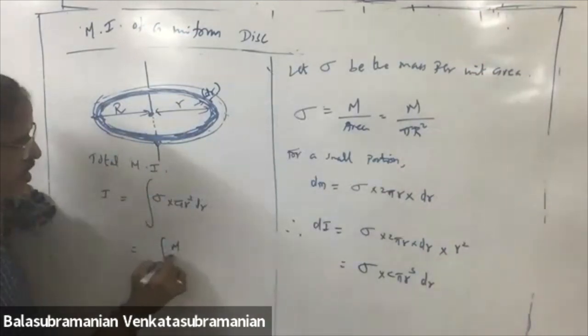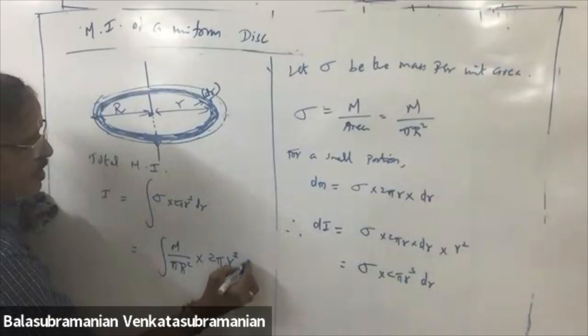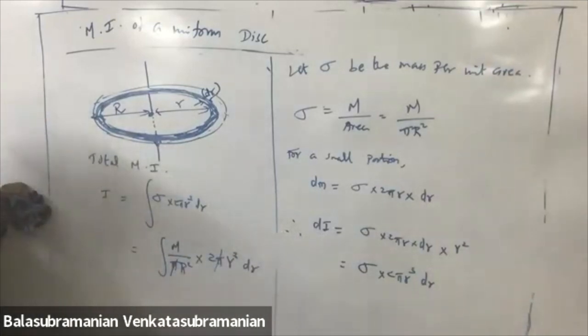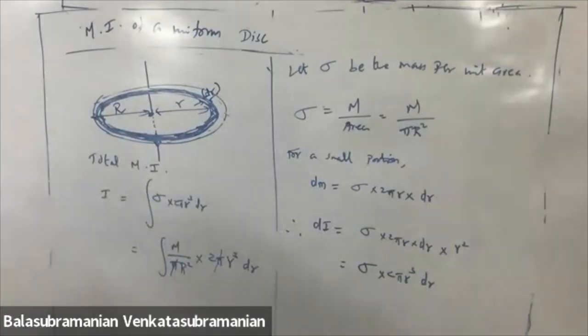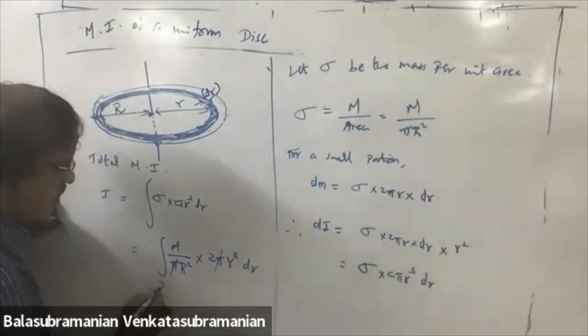M by pi R square, into 2 pi r cube dr. Pi gets cancelled. You should put the limit of integration. Limit is very simple, 0 to R, that's all.